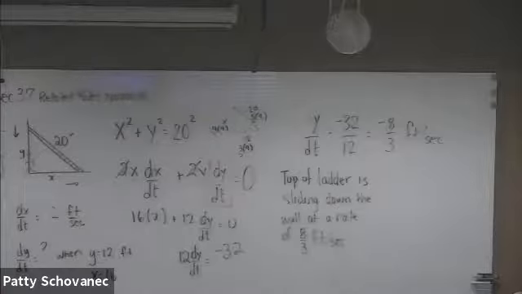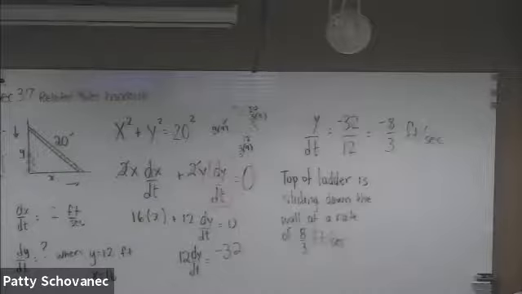It's coming down at about, what, 2 2/3 feet per second? So at the end of 1 second, it's, let's see, 9 1/3 feet high. At the end of 2 seconds, let's see, 9 1/3 minus 2 2/3. You're about to get hit, right? You got 2 seconds to get the heck out of there.